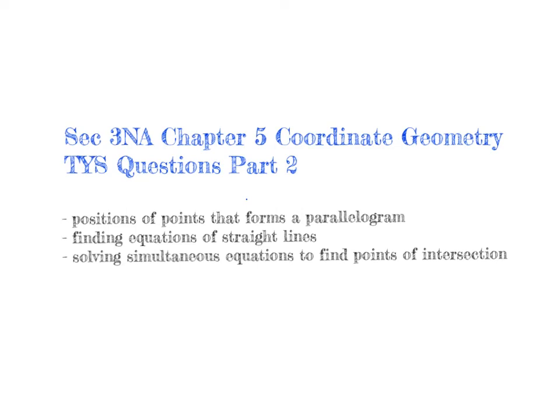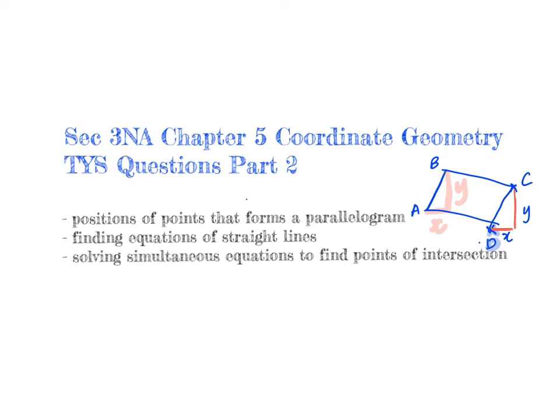If you have points of a parallelogram that you need to find, for example, if I'm given a line AB and I want to form a parallelogram, then I'll need to count the horizontal change in the x-coordinate and the vertical change in the y units, so that we can use it to draw, let's say another point D is given, and we can find point C. You need to shift the same x amount of units and same y amount of units in order to find the point C, such that A, B, C, and D will be a parallelogram.